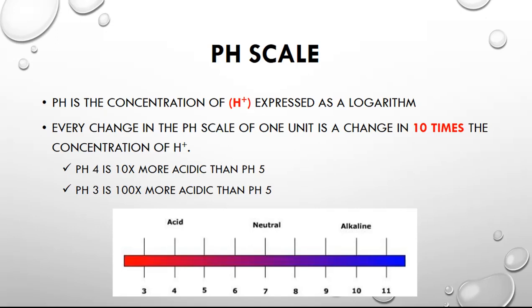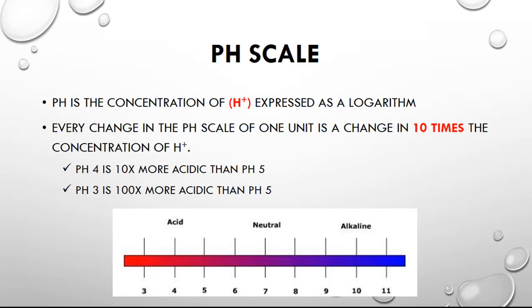And a pH of 3 is 100 times more acidic compared to a pH of 5. You can observe in pH 3 and pH 5, the difference is 2. But you would not say that pH 3 is 2 times more acidic than pH 5; you will say it's 100 times more acidic.